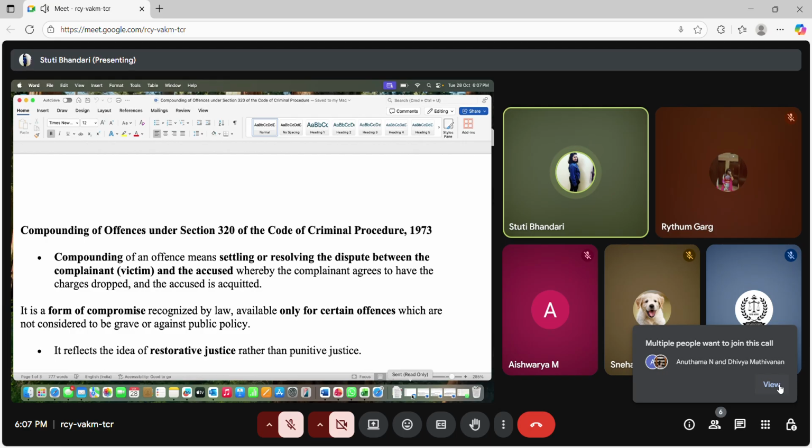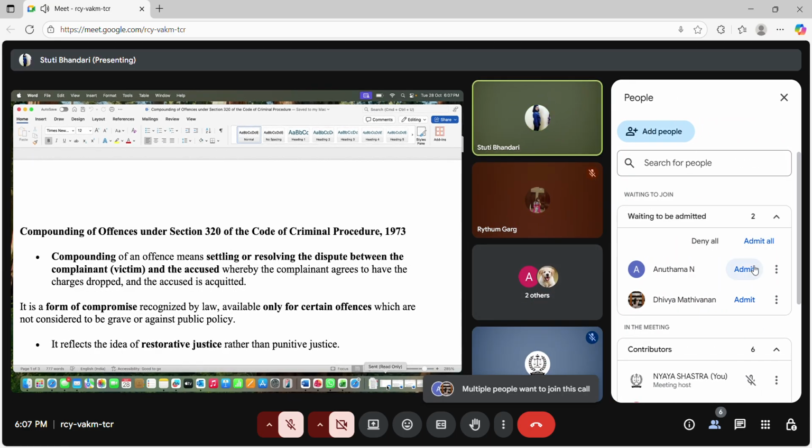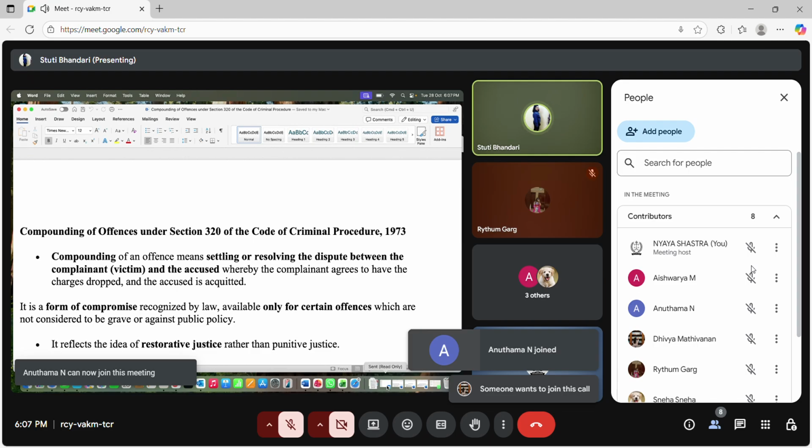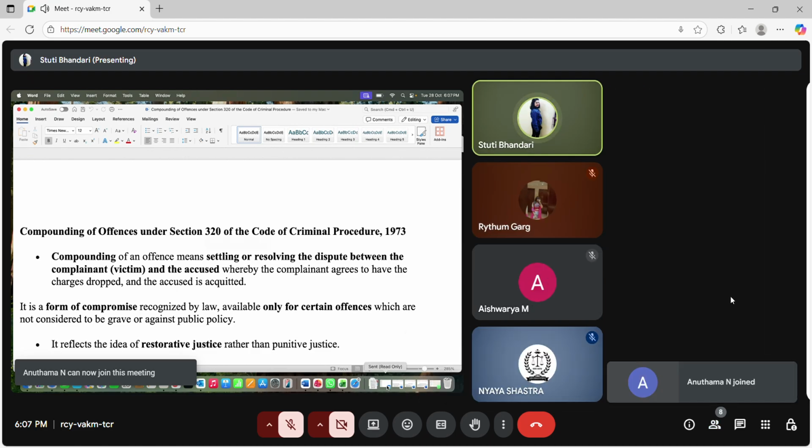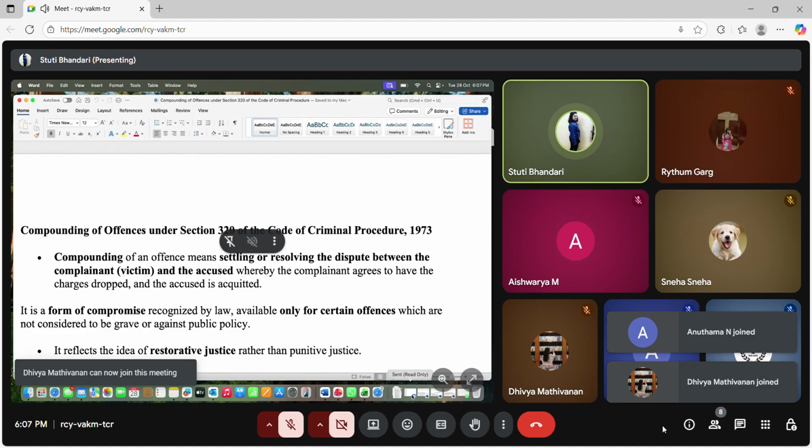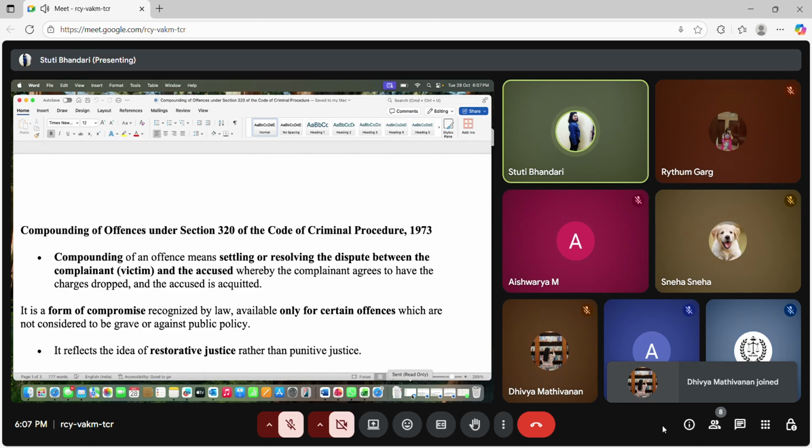When we talked about the Criminal Procedure Code, section 320 of the CrPC dealt with compounding of offences, which means that if there is an offence wherein the parties have adjusted and agreed, they can do an out of court settlement.